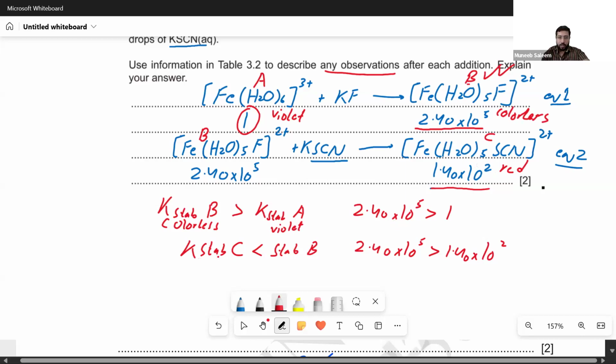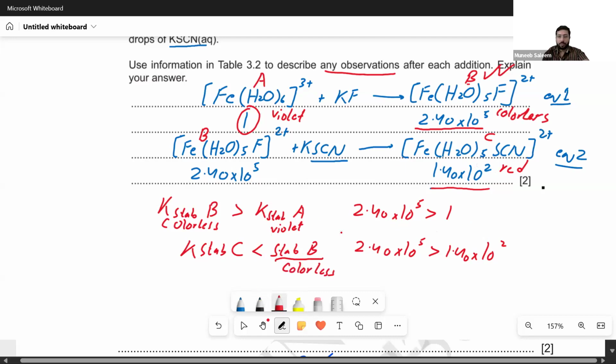So the complex C was not produced, which means the color of complex B remained as such. It didn't change. Complex B was colorless. That's what we have designed from here.